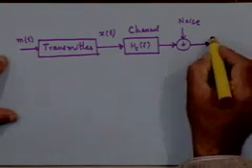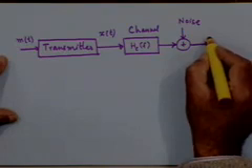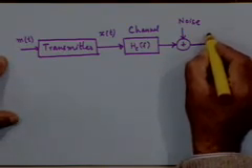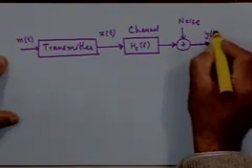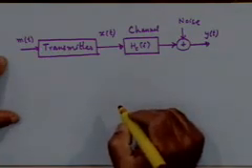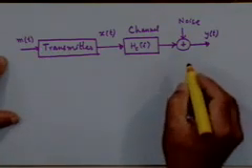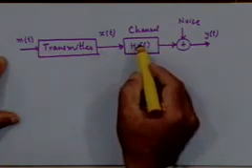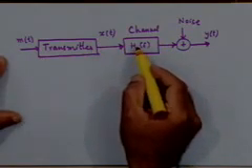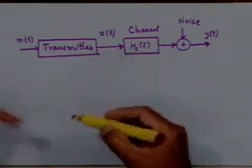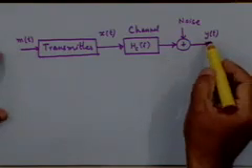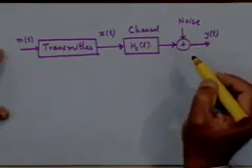So the received signal, suppose we were to call it y of t, contains the effect of transmission through this channel, the filtering effected by the channel, and some addition of noise.